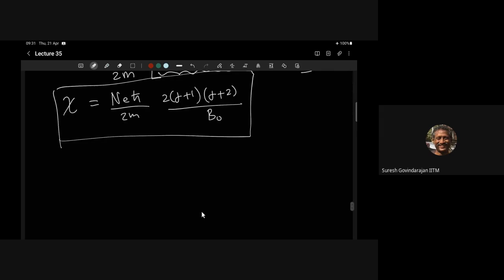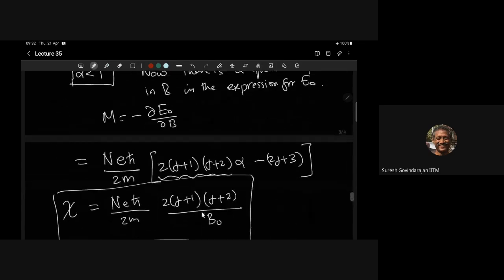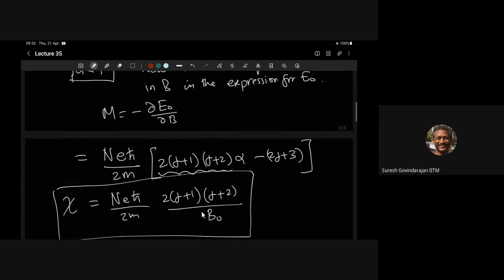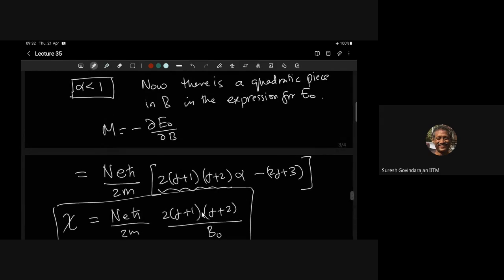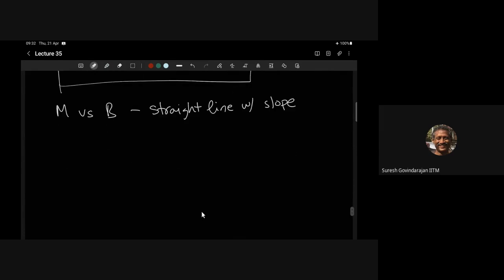So M versus B is a straight line with slope proportional to J plus 1 into J plus 2. There is some constant prefactor that is the same; I'm focusing only on the J dependence. Okay, so that's what happens.